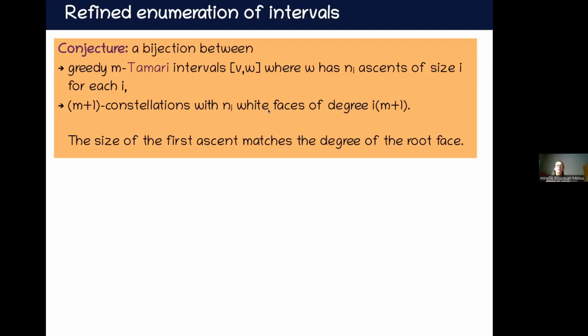In fact, the first one builds on the previous observation, because we have a much stronger conjecture.